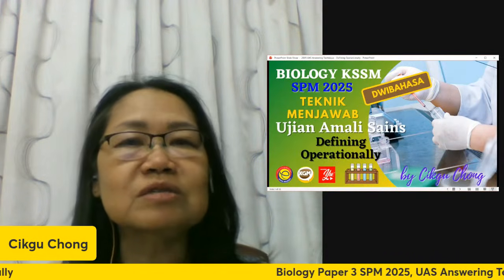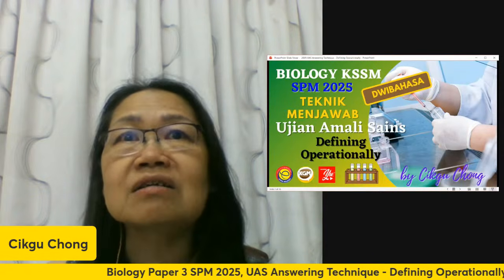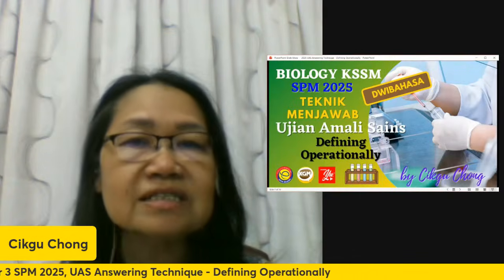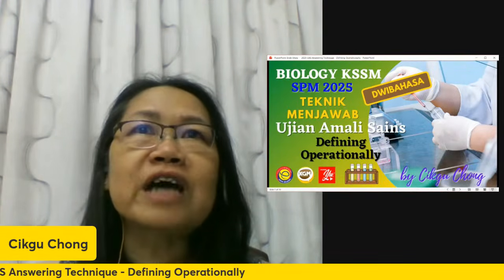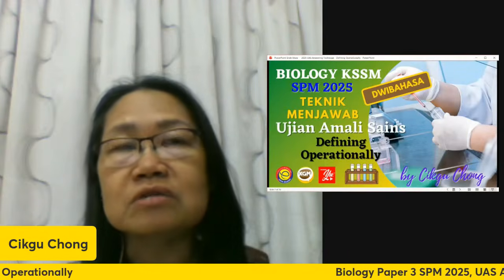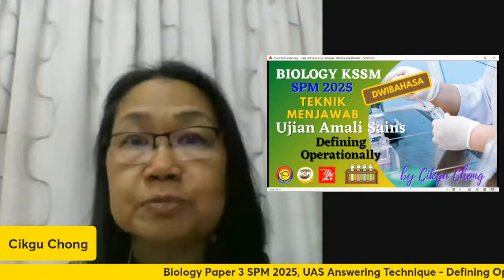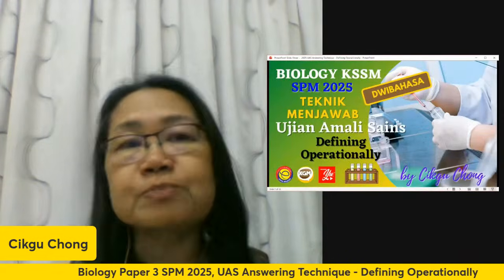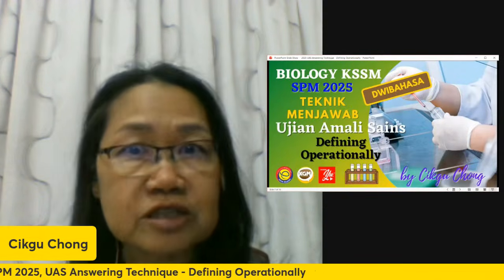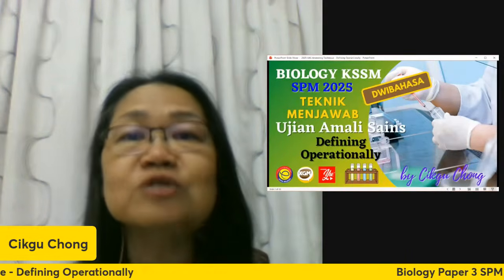All right, so a lot of students always ask me, teacher, how do we answer this defining operationally? So the thing about this question is, you don't have one fixed answer. Even though you have experiment A talking about diffusion, and you'll be using different things to experiment for diffusion, and then you have experiment B also talking about diffusion, your answer for defining operationally will not be the same for these two experiments.